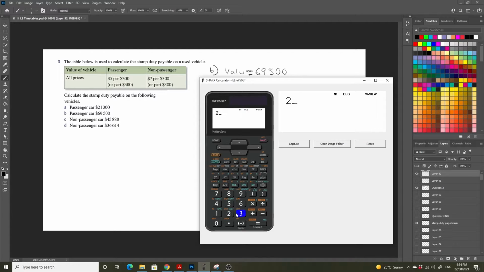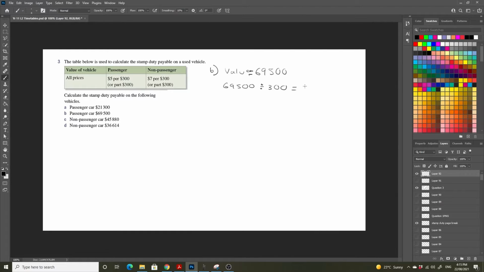So we can do 232 times 300, which is 69,600. So that's our adjusted value, $69,600. Now we need to work out our stamp duty.